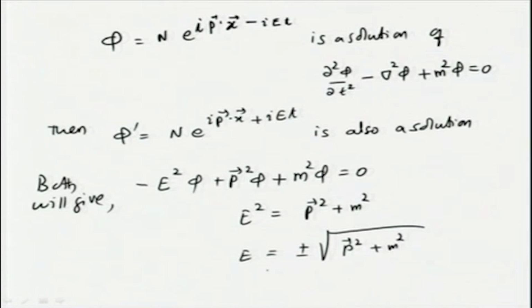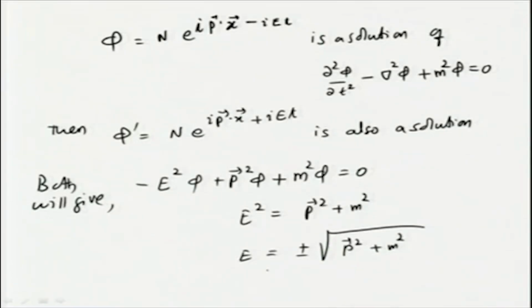Now we can see more clearly that whether I take plus E or minus E, the equation should give the same result. The expression with plus E is a solution to the Klein-Gordon equation, and the expression with minus E is also a solution.